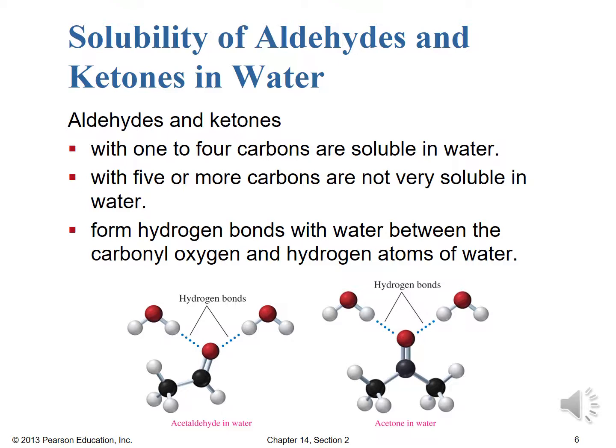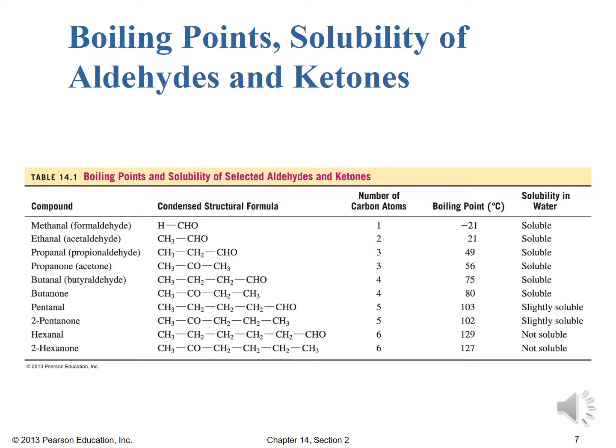So once we get to 5 carbons, that tendency for the hydrocarbon portion of the molecules to want to interact with other hydrocarbon portions of other molecules seems to win out, and we no longer have the water solubility we have with the smaller 1 to 4 carbon aldehydes and ketones. So here we see a table from our text, table 14.1, where we get the boiling points and solubility of select aldehydes and ketones.